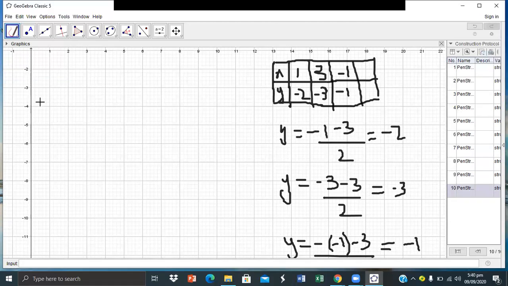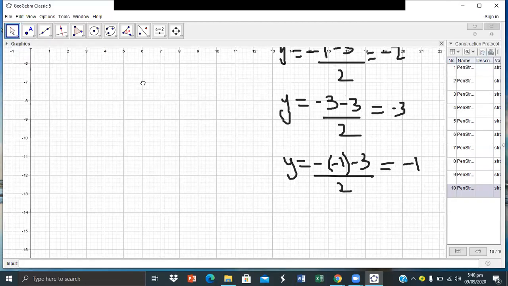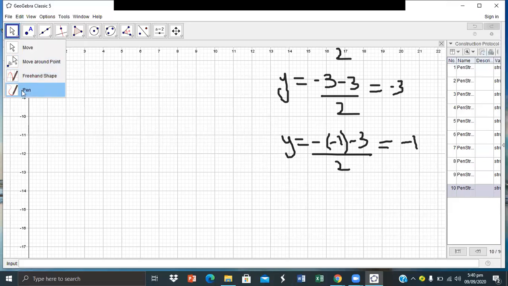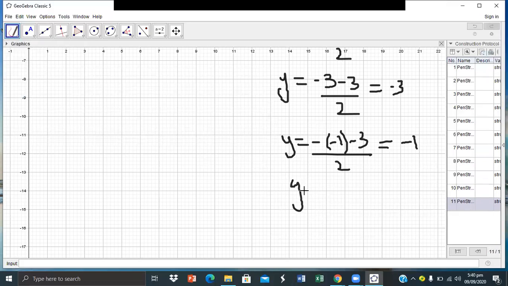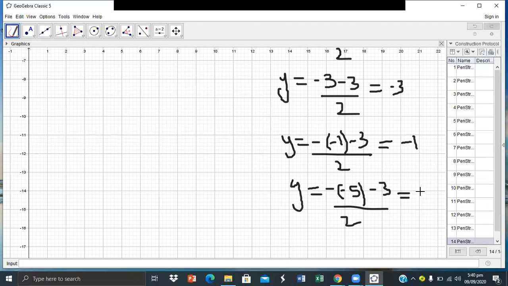Now for the next value, if I choose to place 4, minus 4 will not cancel. So I'll choose minus 5. So plus 5 minus 3 is 2, and 2 over 2 is 1.